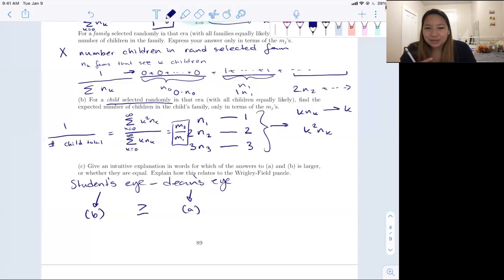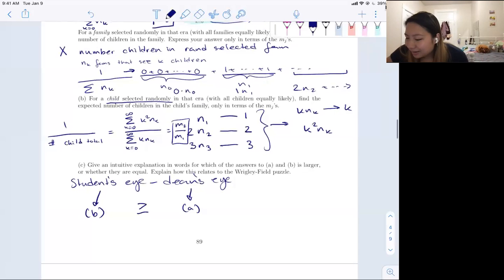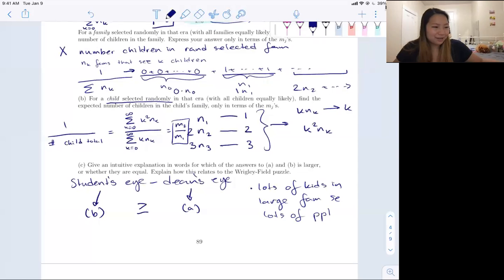So that's my intuitive thing, I guess. Lots of kids in large families see lots of people. I'm gonna check what I actually wrote on my real final.